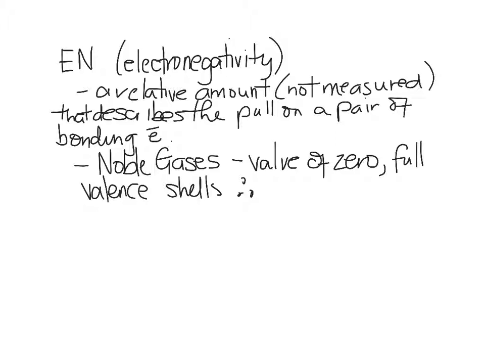Therefore, they don't bond. So they've got no desire to pull somebody else's electrons because they've got a full set, so they're quite content. It turns out we can actually make some compounds with the larger noble gases because there's so much space around them. They have been made in the lab.